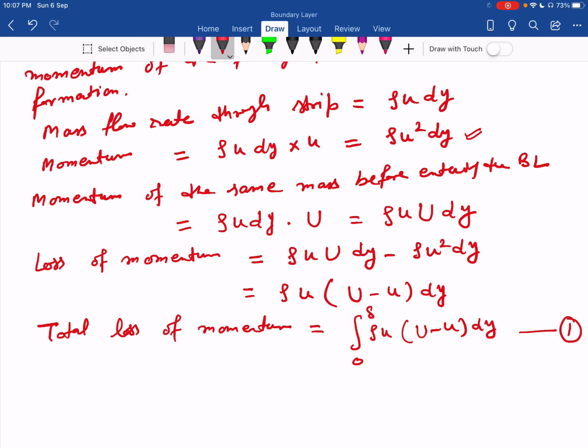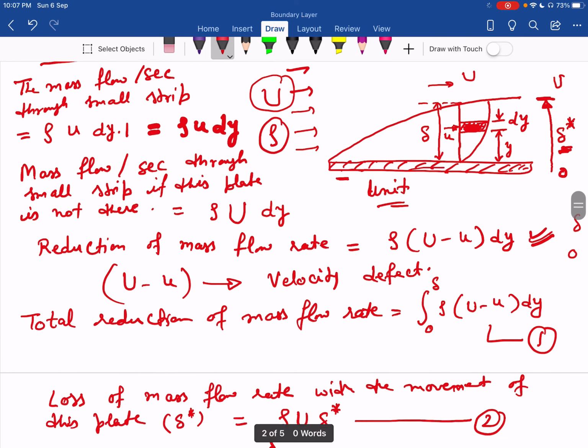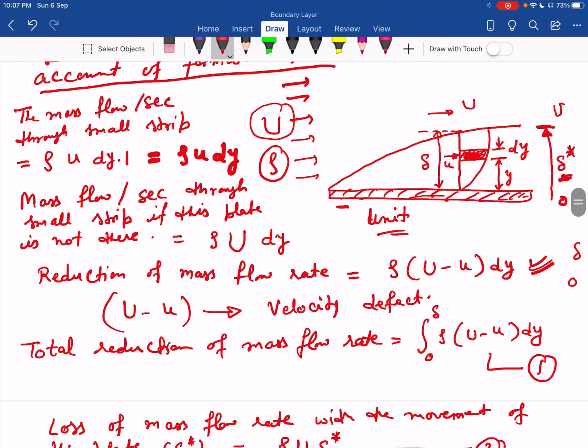Okay. So now I again consider theta instead of delta star. Now I consider theta.